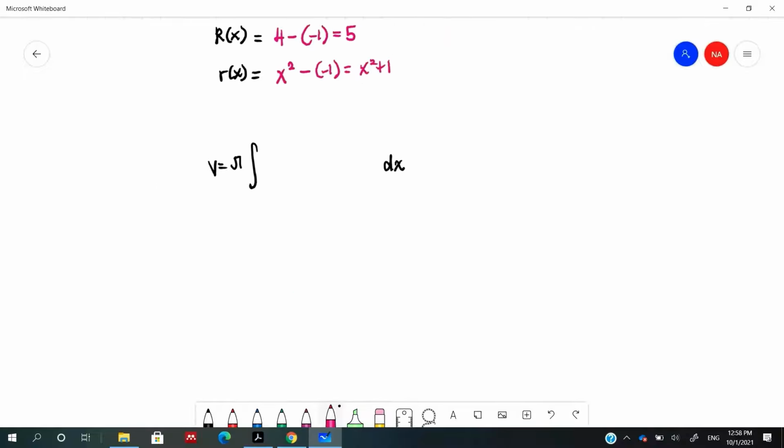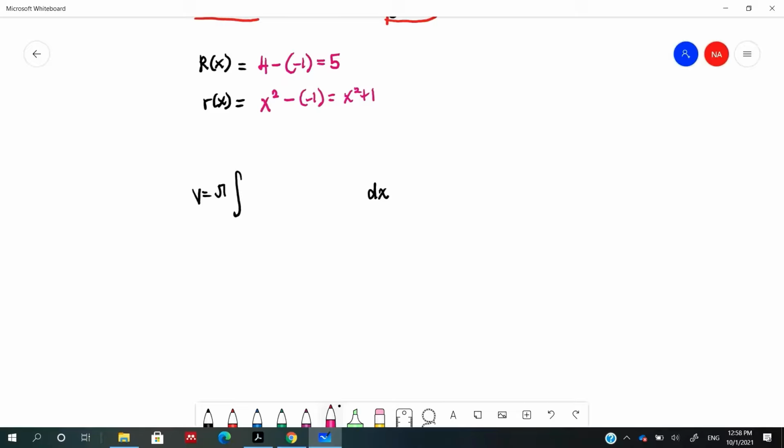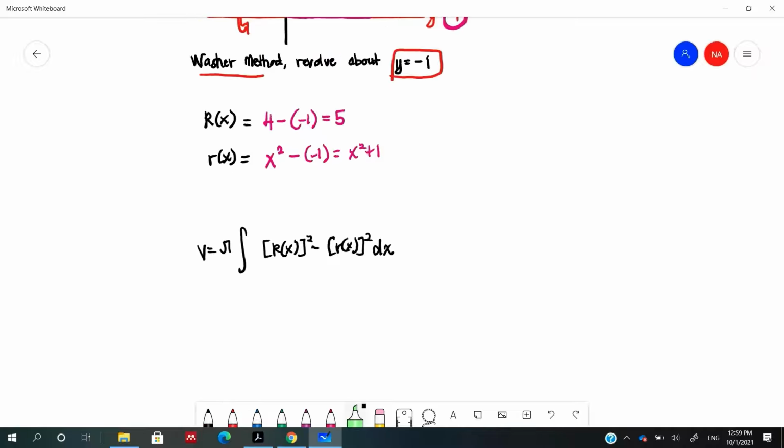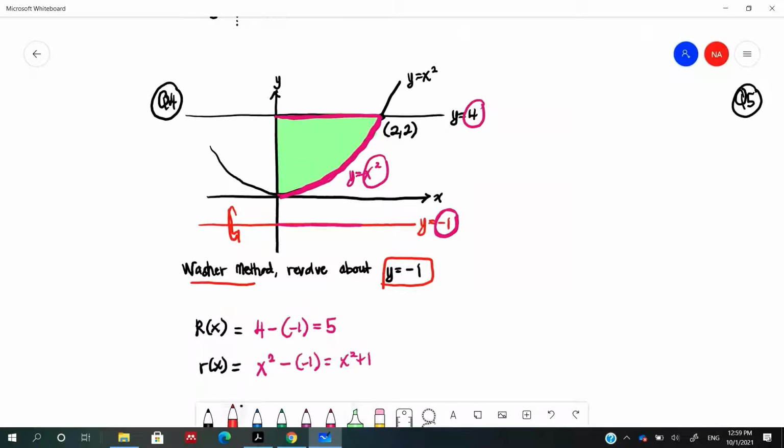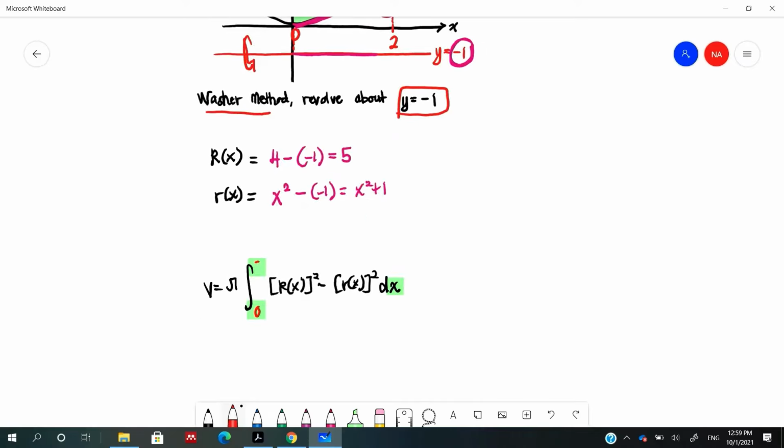Now we substitute inside the formula, R(x) squared minus r(x) squared. The limits should be on the x-axis because we are integrating with respect to x, so from 0 until 2.